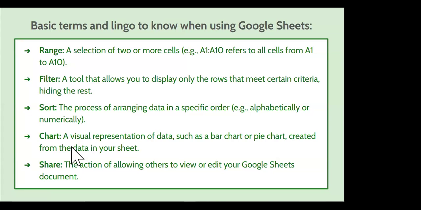So for example, if you are talking about the representation of older adults who know about technology and you are doing that by age, you can say, oh, ages 55 to 60 represent 10%, 60 to 70 represent 20%. So a chart will show the percentages of the numbers or information in a Google Sheet. And share is just the action of allowing others to view or edit your Google Sheets document.